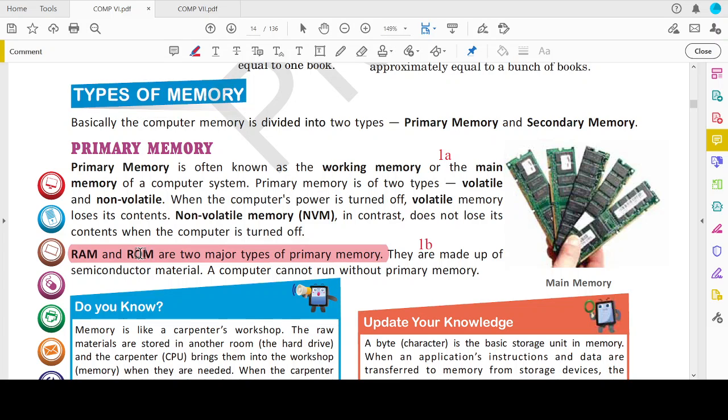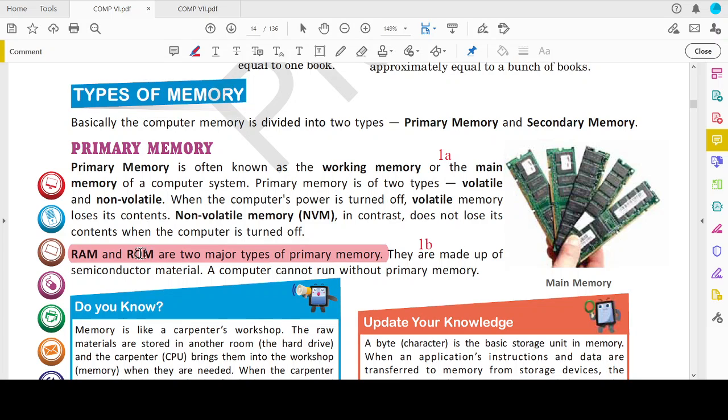At least for the temporary purpose, when there is power, you need the data on the system locally. So that is the purpose being met by the primary memory of the computer. Right? And there are two types of primary memory. One is RAM, another one is ROM. RAM is temporary, ROM is permanent.